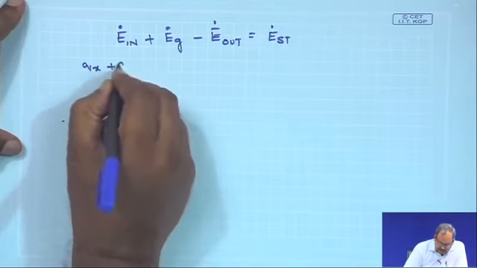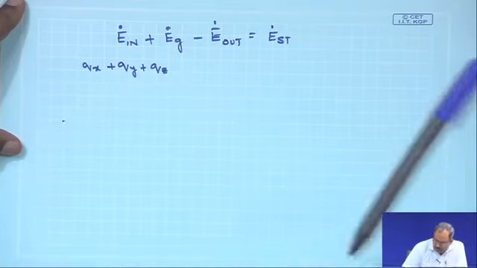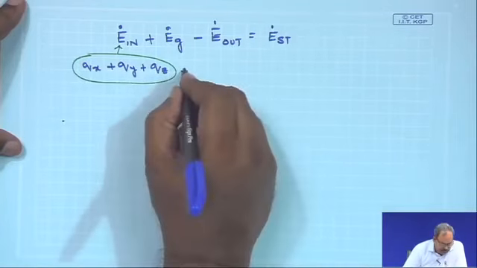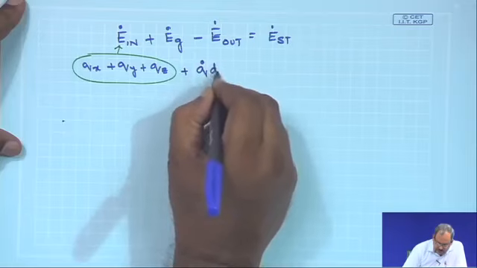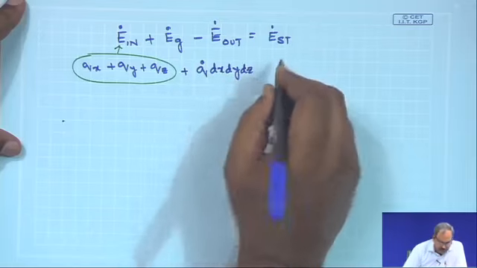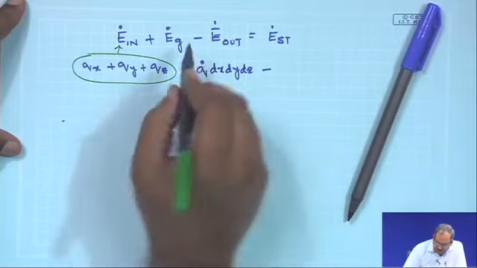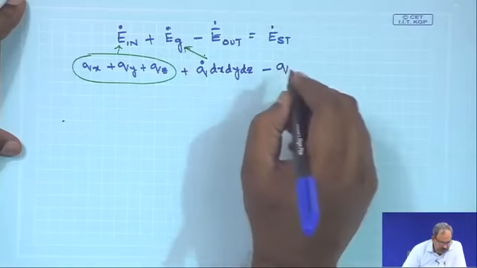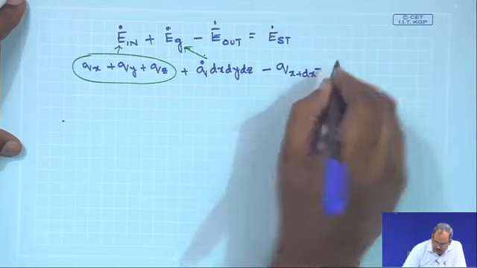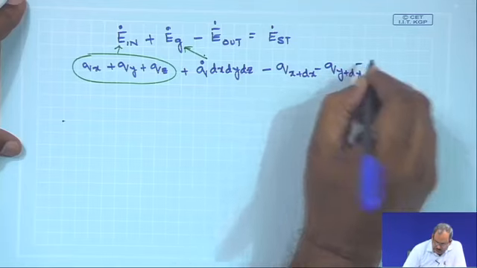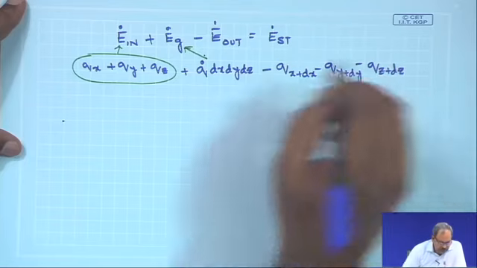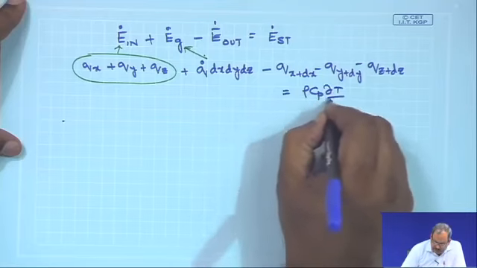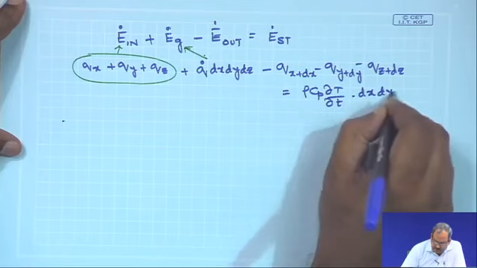So, it would be Qx plus Qy plus Qz, which essentially is the in, plus q dot dx dy dz, which is the generation term, minus the out terms, and this should be equal to the energy stored, which is rho Cp del T by del t times dx dy dz.